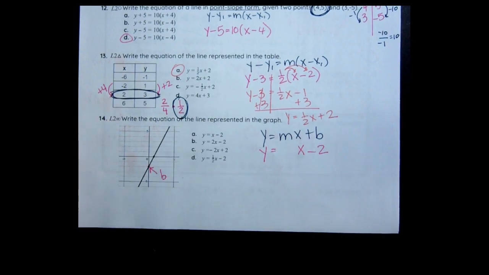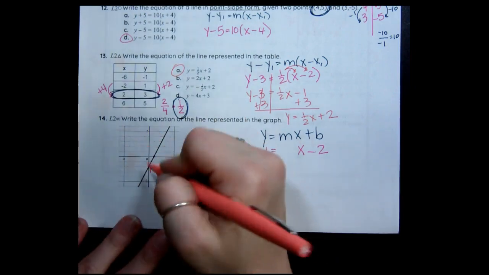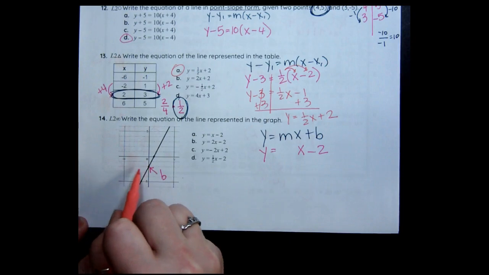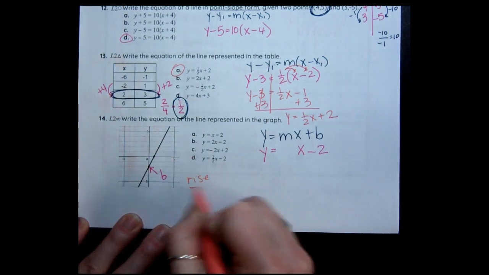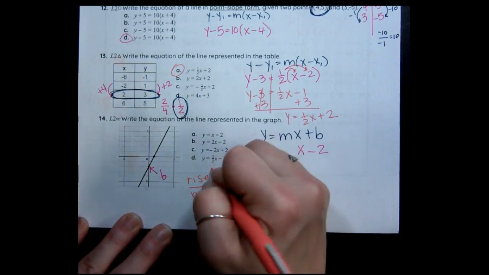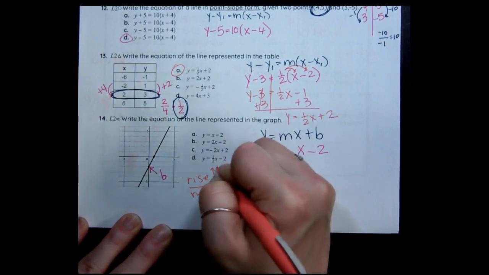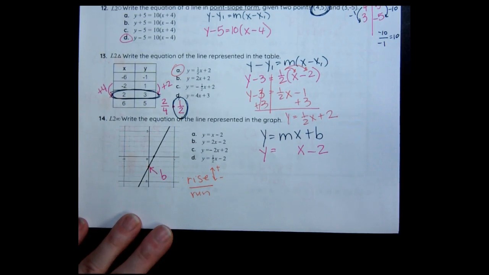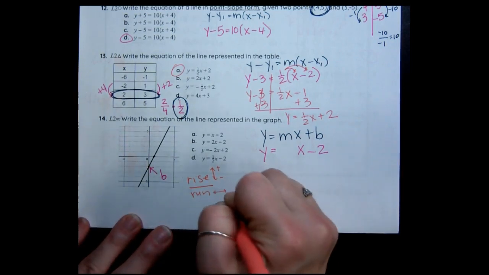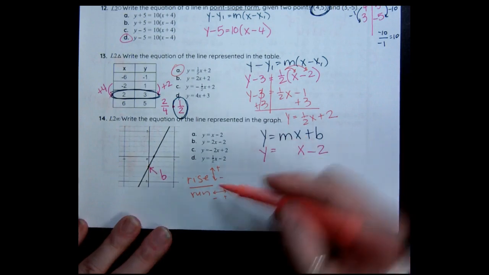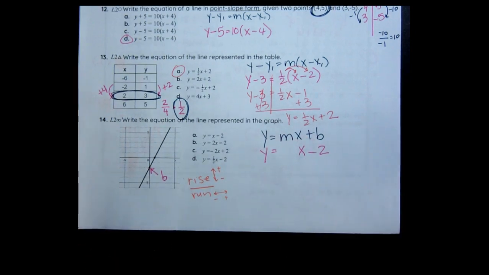All I need now is my slope. So we learned several times this year, and I know you learned it last year, how to find slopes. We need 2 points. I always pick the one on the left, and then we're going to do rise over run. So a rise is up or down. If you go up, it's positive. If you go down, it's negative. That's where most of my students and the other Algebra 1 students are making mistakes. You forget that if you go down, it's negative. Okay?